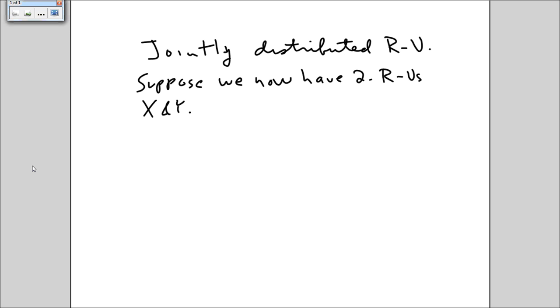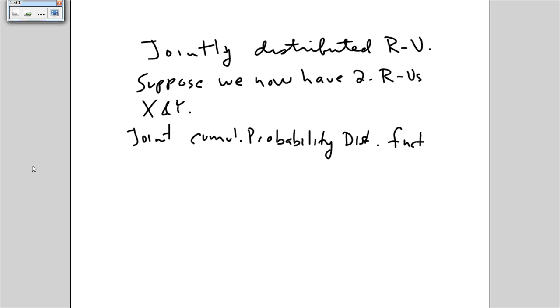And now we want to define what we mean by a joint cumulative probability distribution function. A lot of words. Joint cumulative probability distribution function of the random variables X and Y. The definition is, we call it F of a comma b.